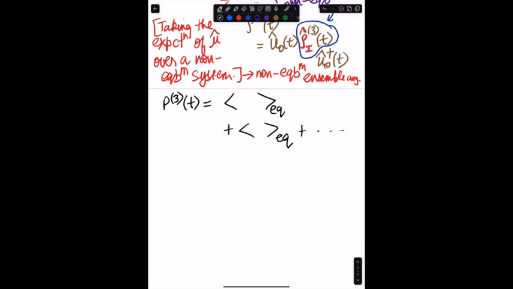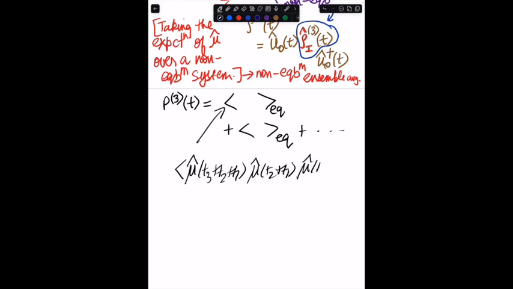So now let me just write down one of these 8 terms from the top, where you have mu hat T3 plus T2 plus T1, mu hat T2 plus T1, mu hat T1, mu hat 0, rho 0. This is one of the terms there, and it is a trace.